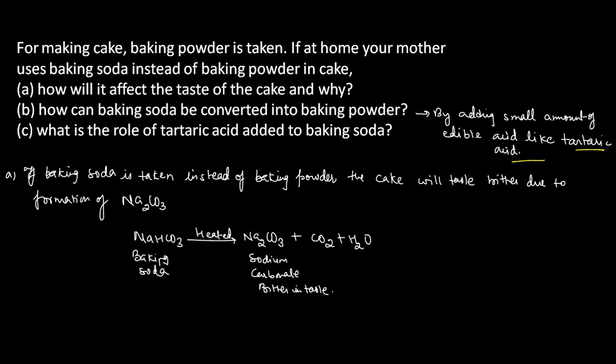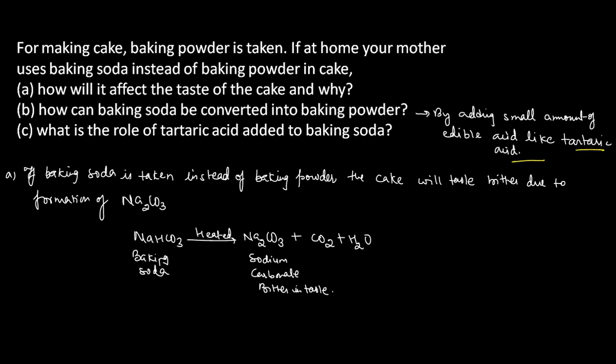And moreover, baking soda is a basic salt and it will still have a bitter taste. So how will it affect the cake? It will be bitter in taste. And why? Because you know that sodium hydrogen carbonate is a basic salt. Okay, it is a baking salt.